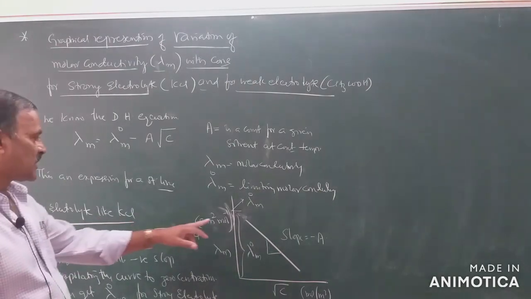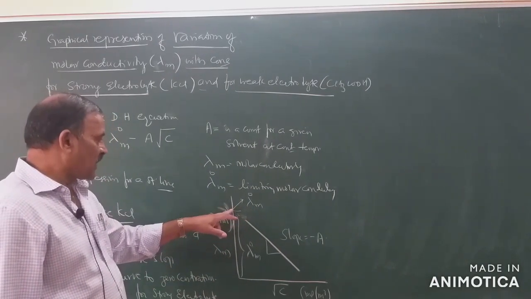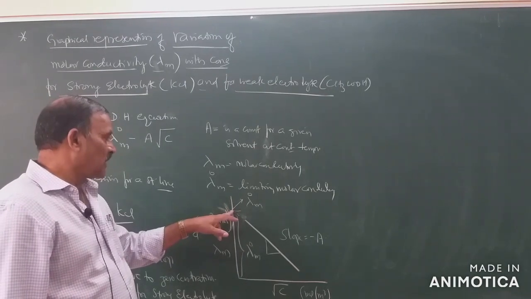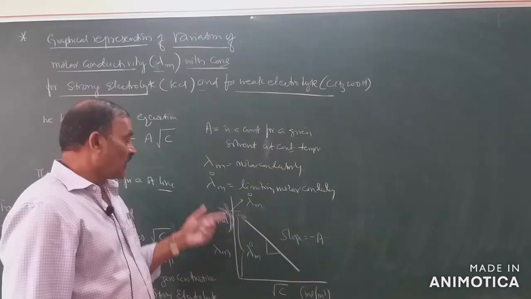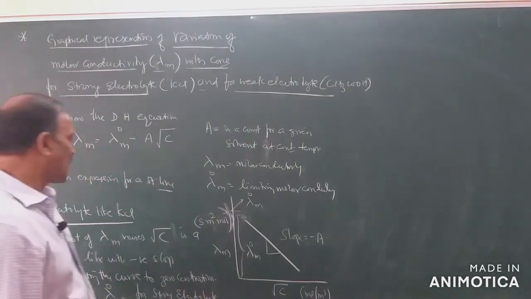You have to write a straight line graph. If you extrapolate this straight line graph to y-axis, this meets at y-axis at 0 concentration, which gives the value of limiting molar conductivity of the strong electrolyte.